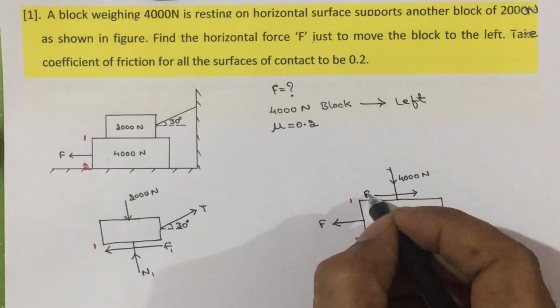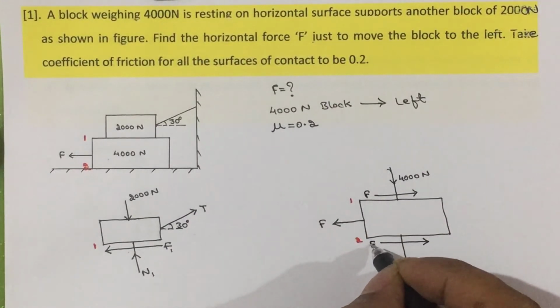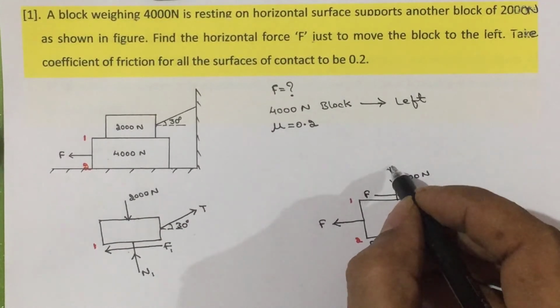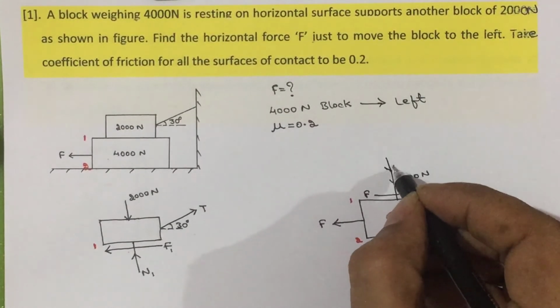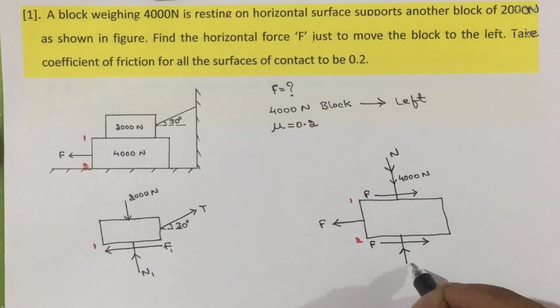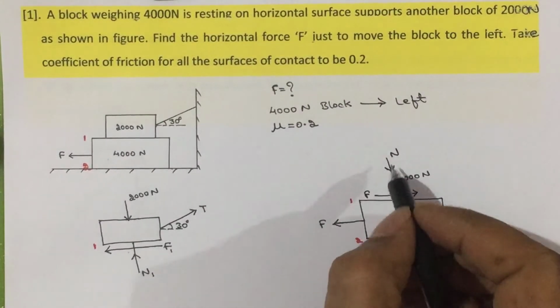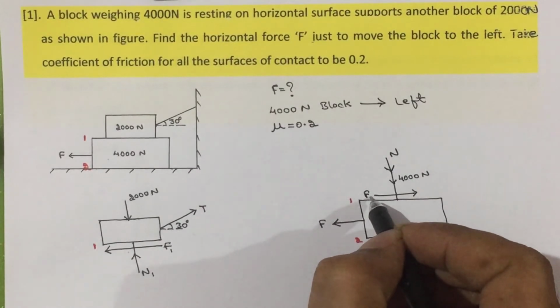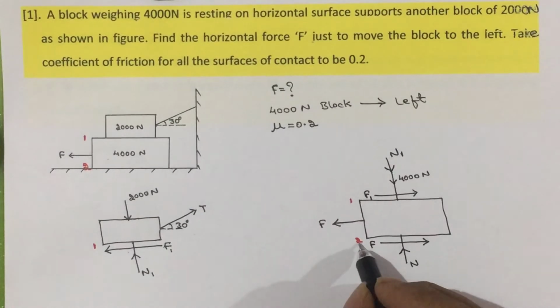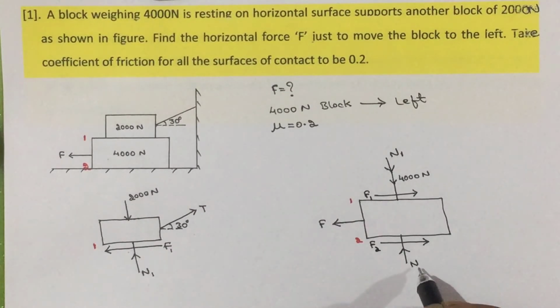This is the friction force F. Then the normal reaction will act perpendicular to the plane, so write down N, N. Since F and N act at 1, write them as F1, N1. Here F and N act at 2, so write down F2, N2.